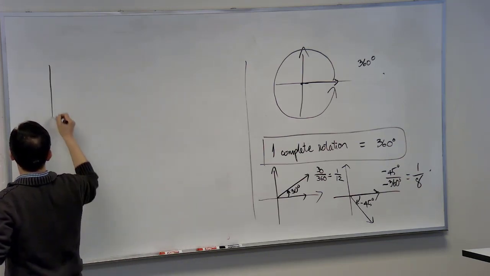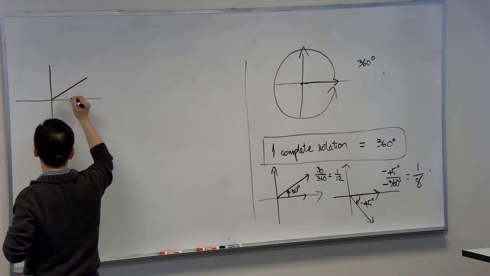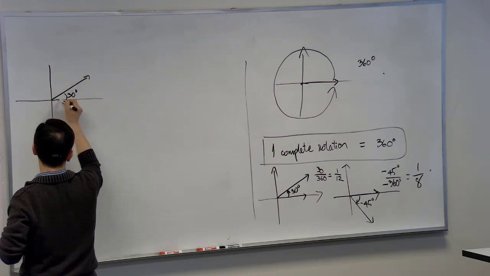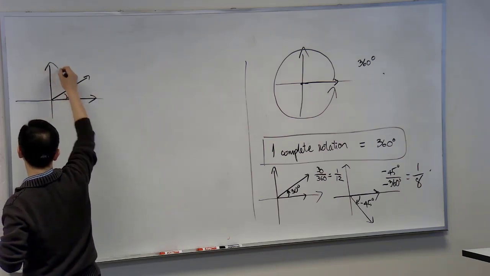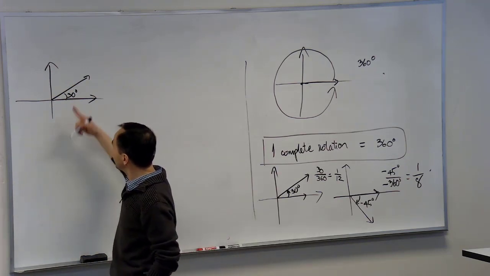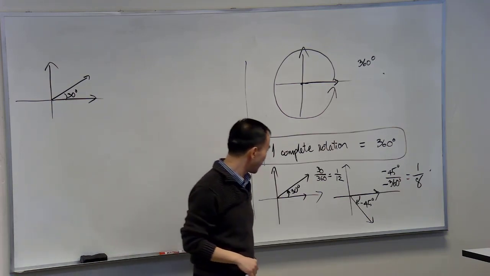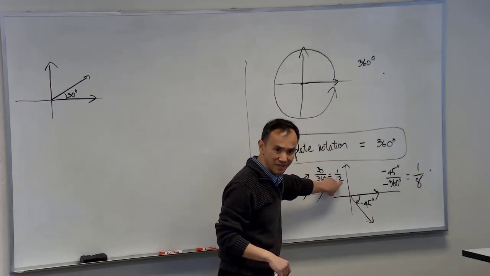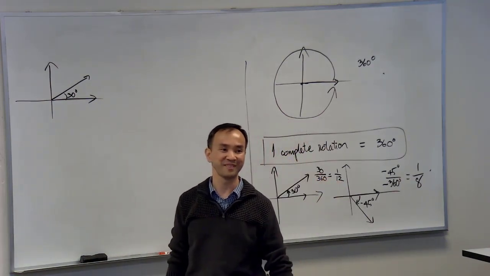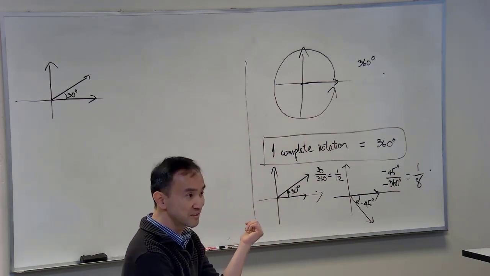Then, when you have a 30 degrees angle over here, in the standard position, just another prompt to trigger you guys, and then I'm going to push that into one fundamental right here. A 30 degrees angle, what fraction of a circle is this? It's a 1/12 fraction of a complete rotation.